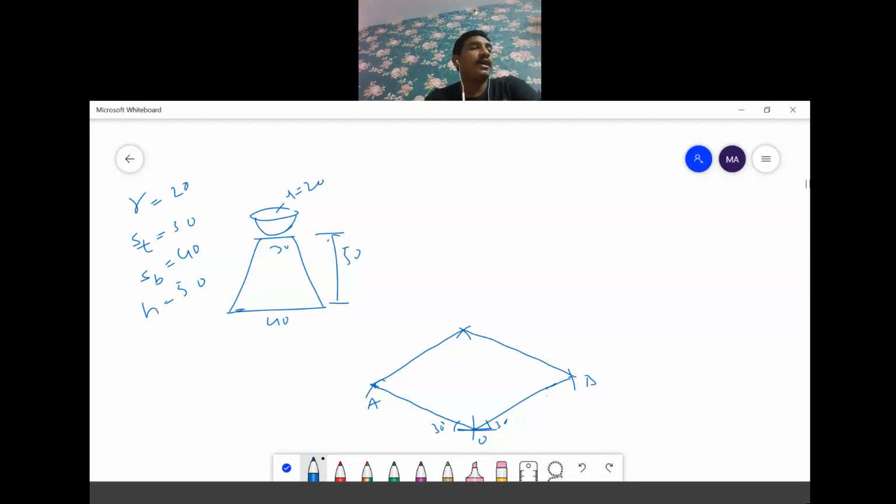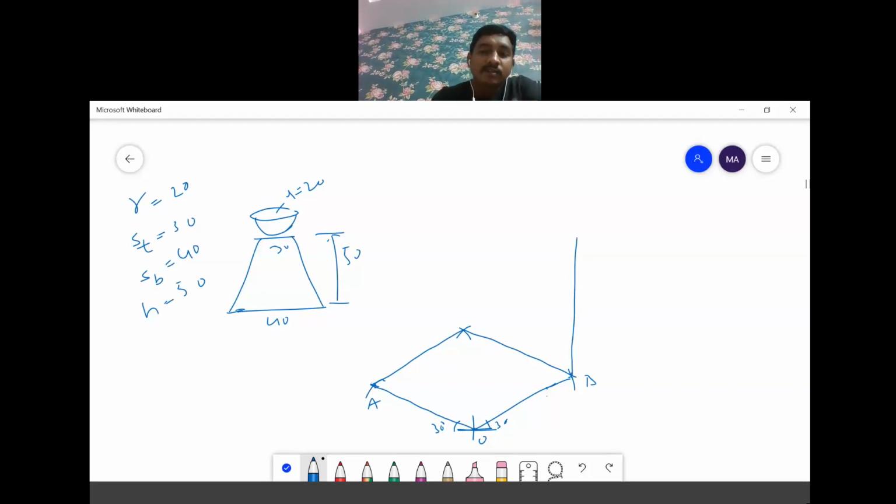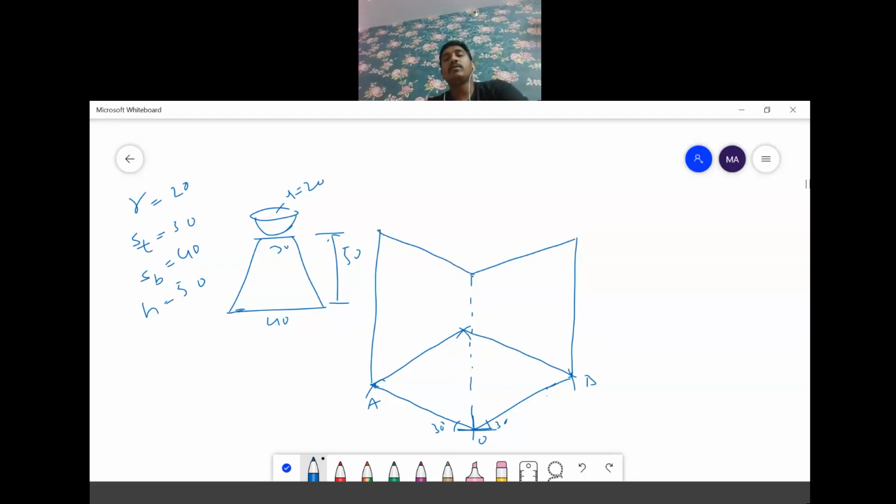Then he has given a height of 50 mm, so I am extending each of these sides to 50 and joining them. I take these as O dash, A dash, B dash.